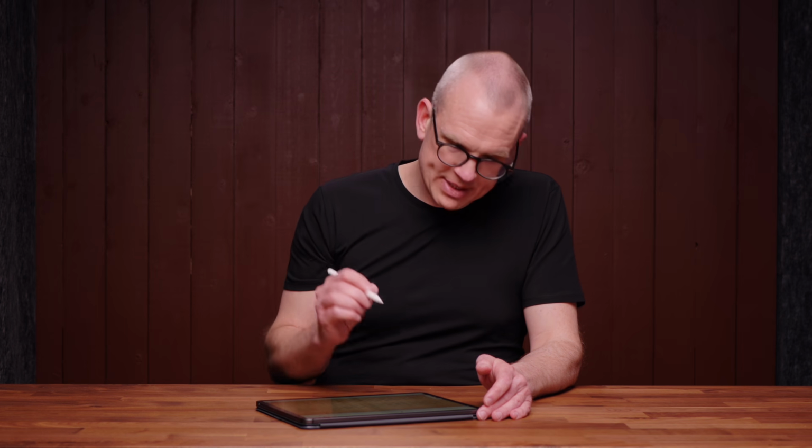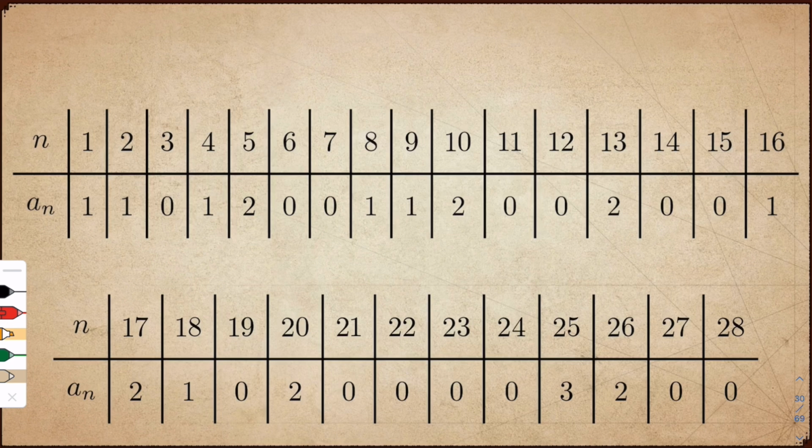Let's just look at this sequence for a few moments. The first 2 is here at a5. Then there is actually also a 3 at a25. And the initial entries are 1, 1, 0, 1, 2.